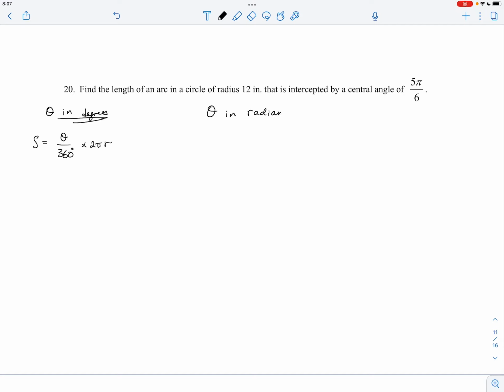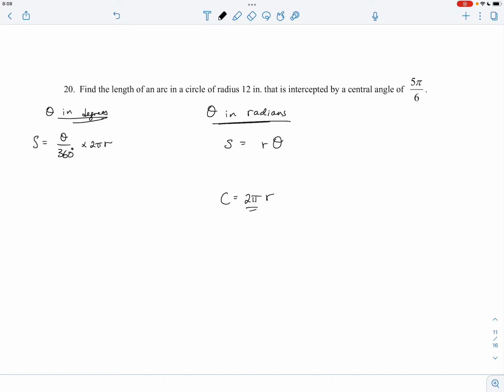If theta is in radians, then we have another equation. Before I talk about the formula, I wanted to make sure that you actually knew this indirectly. Not explicitly, but you learned that circumference is 2 pi r. Well, circumference is actually arc length, and the radius is right here. The 2 pi is the theta.